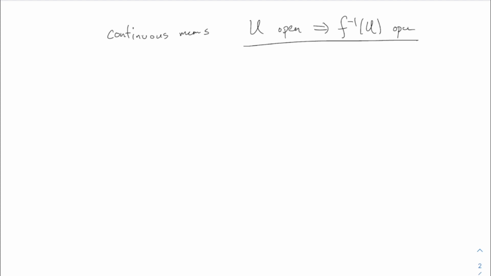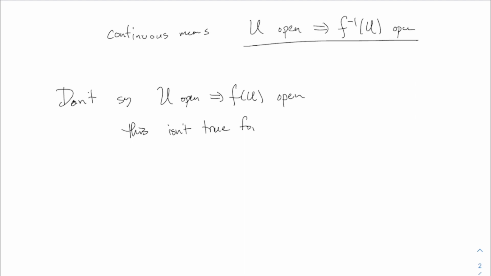Actually, the reason you can't use just the F is that it's not even true if you just used the F. So I will say, don't say U open implies F of U is open, because this isn't even true for continuous functions. I don't know if you ever thought about this, but it's just not true.